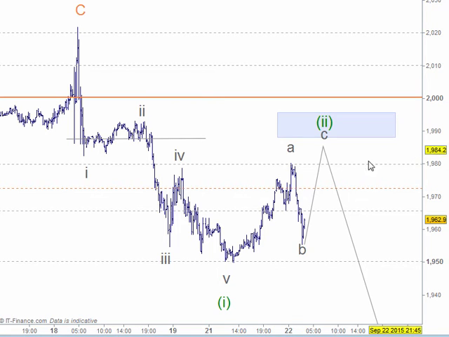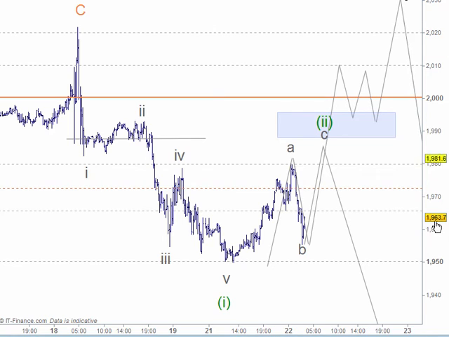So it's possible for this market to have 5 waves up here and roll over from here, but the primary count is basically 1, 2, 3, ABC for 4 here, and then 5 and 1 more move up, and then down from that point. That's how I'm seeing it at the moment, taking into consideration other markets as well. So that kind of wraps it up a little bit.